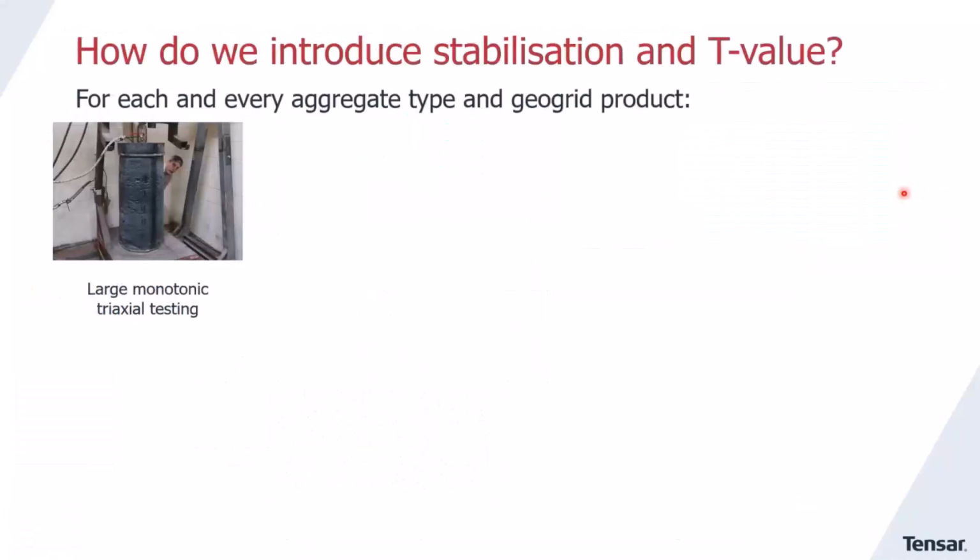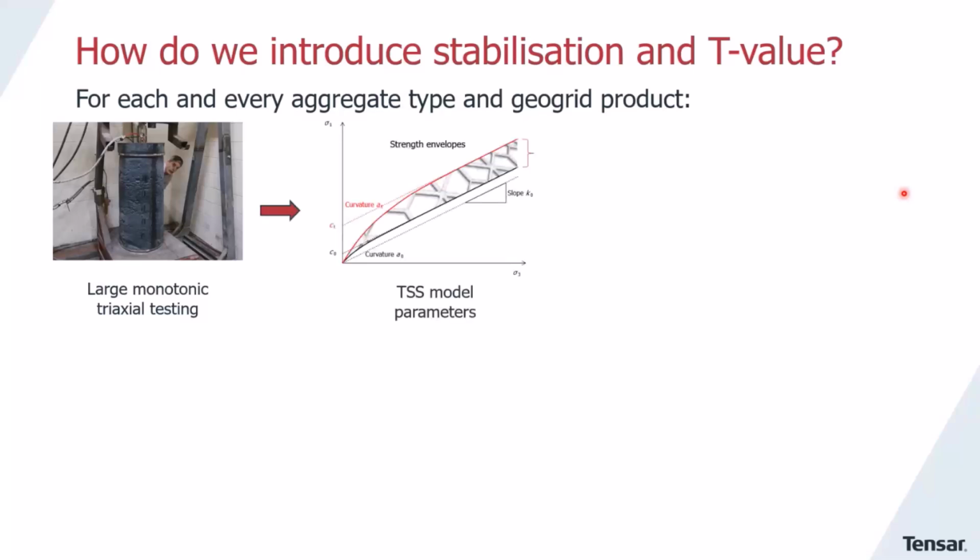Which brings me even closer to the end of this section, which is how do we introduce stabilization to the t-value design methodology. For each and every aggregate type, we need to go through the same process because we need to be able to reliably design. First we start with large monotonic triaxial testing to determine the exact behavior of the fill material in combination with our stabilizing geogrids.